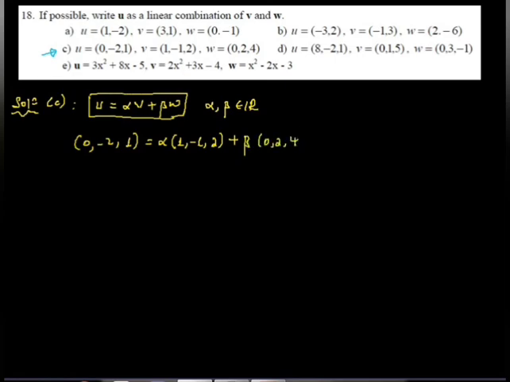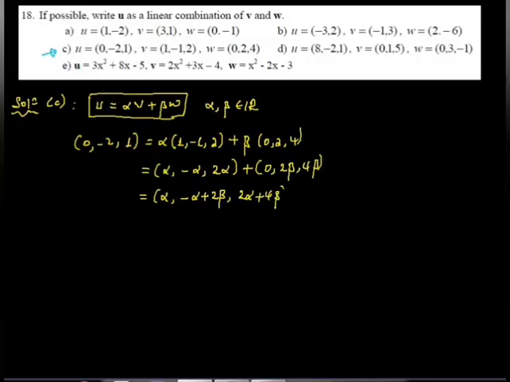(0, 2, 4)። So ይሄ ምን ይሆናል ማለት ነው? (alpha, -alpha, 2 alpha) plus (0, 2 beta, 4 beta) ይሆናል። So ሁለቱን ስንደምር የምናገኘው (alpha, -alpha plus 2 beta, 2 alpha plus 4 beta) ይሆናል። Okay, እነዚህ እኩል ናቸው (0, -2, 1)። እነዚህ እኩል ናቸው ስንል this alpha must be 0.